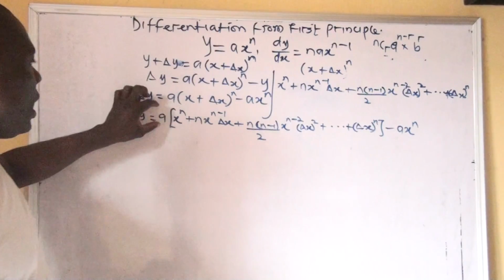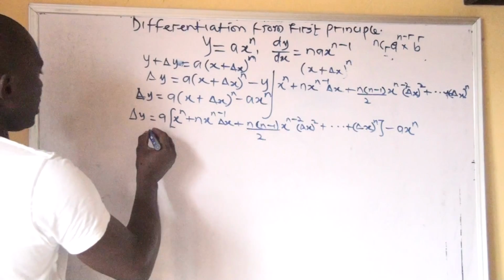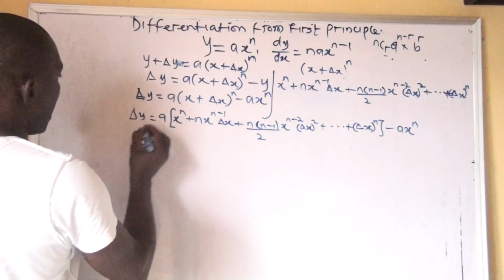So this a outside will affect everything in this bracket, and on the left hand side we have delta y.